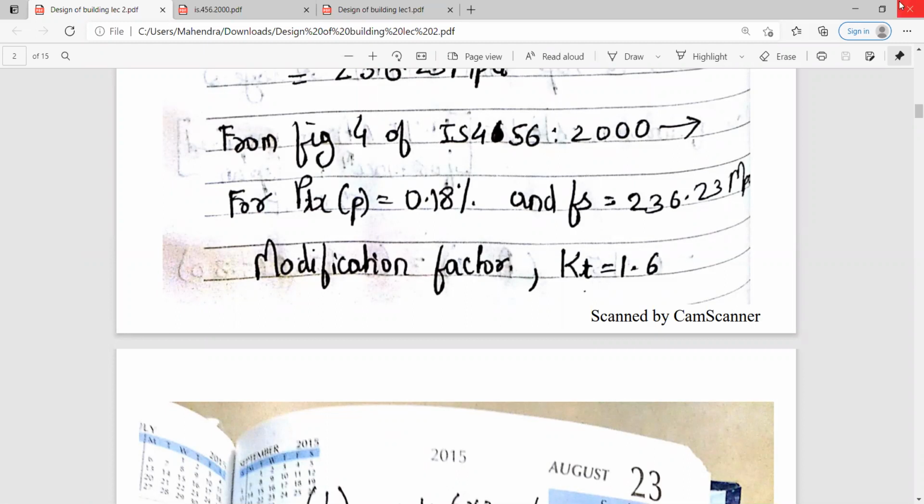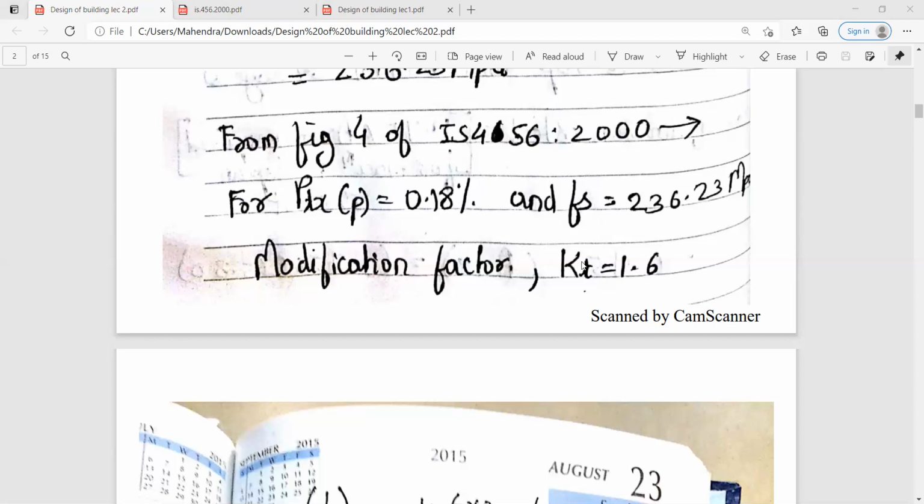So refer to figure number 4 of your IS 456:2000. If the percentage is 0.18 and Fs is 236.23, refer to figure number 4 of your IS code. You will get the modification factor as 1.6.